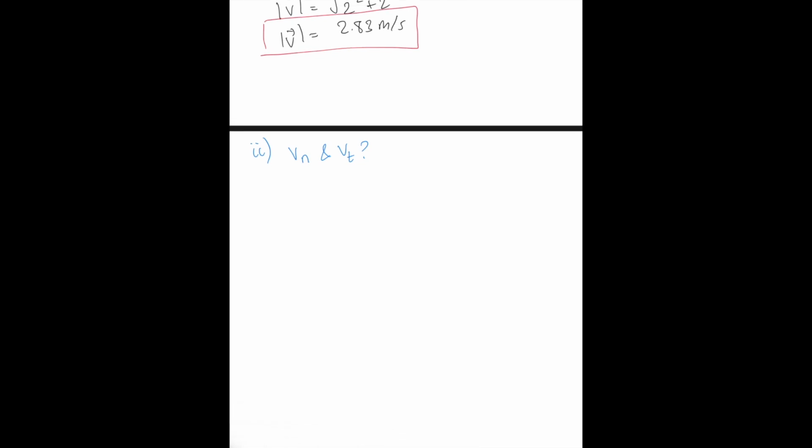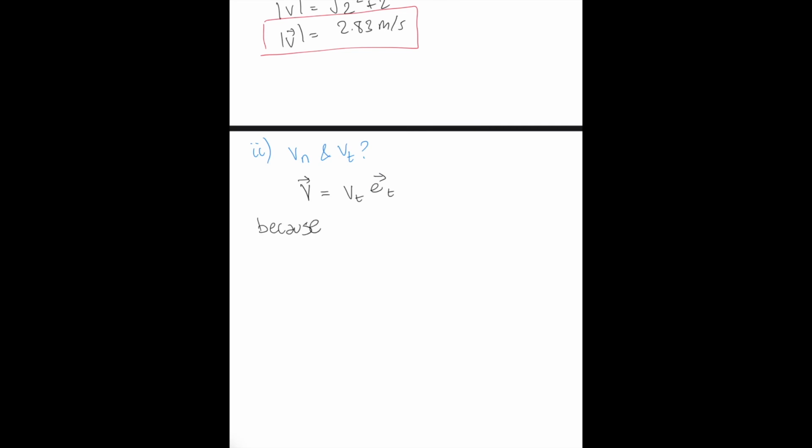For the second part, the question is asking us for the velocity in the normal and tangential coordinates. So for this question, v is just going to be equal to et.